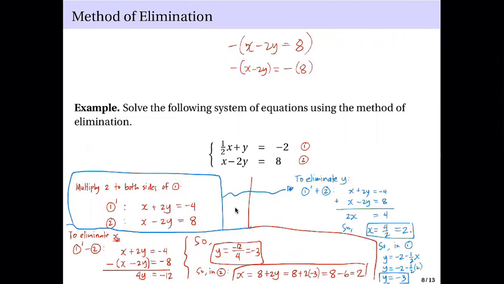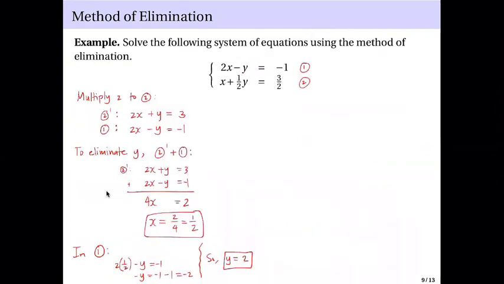But there are several systems where, after multiplying something, only one of the variables will have the same coefficients. If that is the case, then you are forced to eliminate that variable, the variable with the same coefficient, or one negative, one positive.